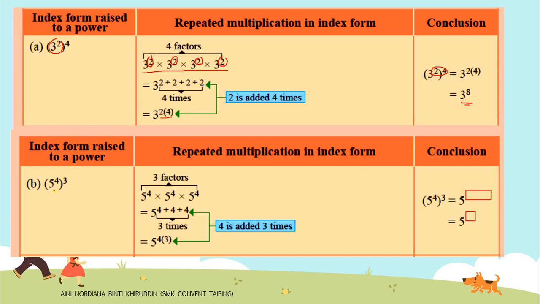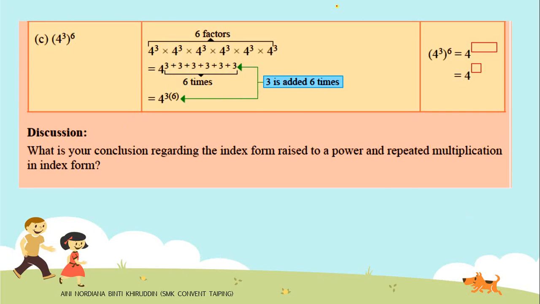So for B, 5 to the power of 4 multiplied 3 times, so 4 times 3. So here, 4 times 3 equals 12. For C, 4 cubed multiplied 6 times, then 3 times 6. So here, 3 times 6 is equal to 18.